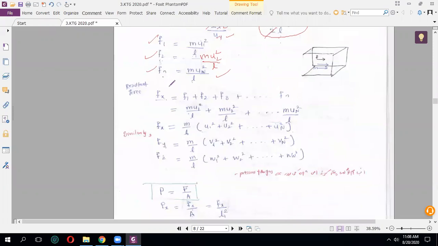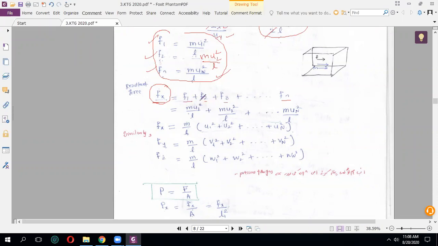Now, what do we have to calculate? We are not calculating for each particle, we are calculating along the axis direction. If we want Fx, that means the force in the x direction, how do we calculate it? We add all these forces: F1 plus F2 plus F3 up to Fn. The value of F1 is mu1 square upon L, correct?